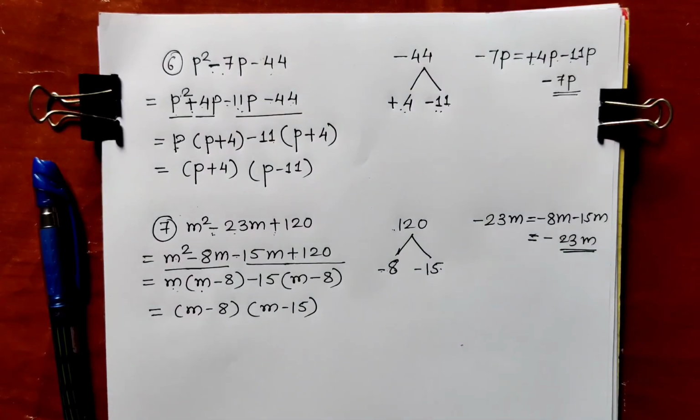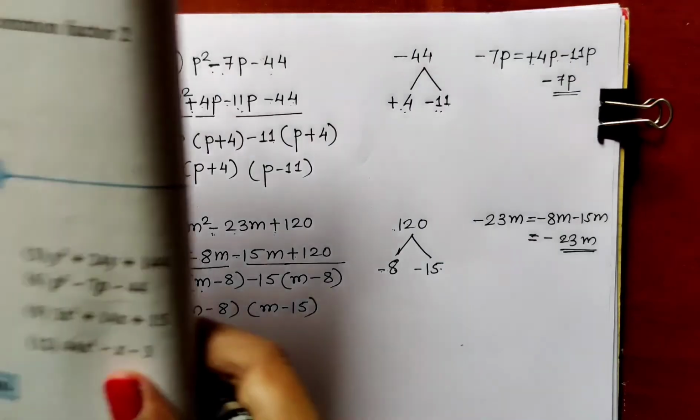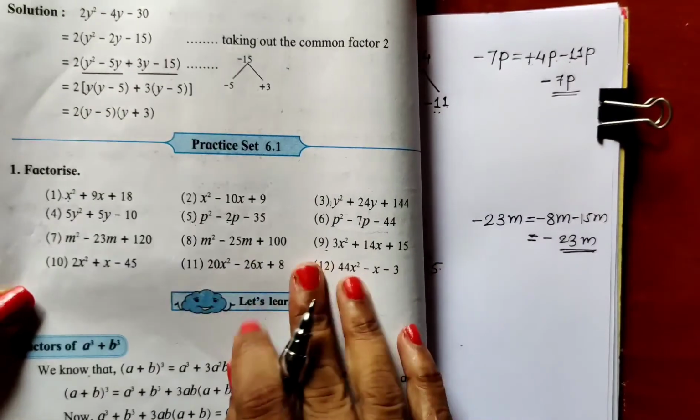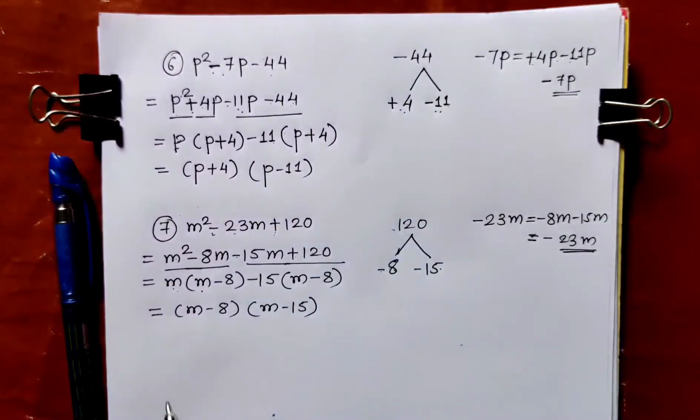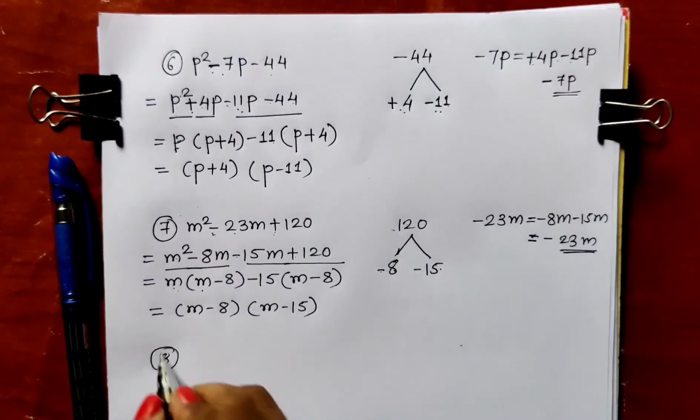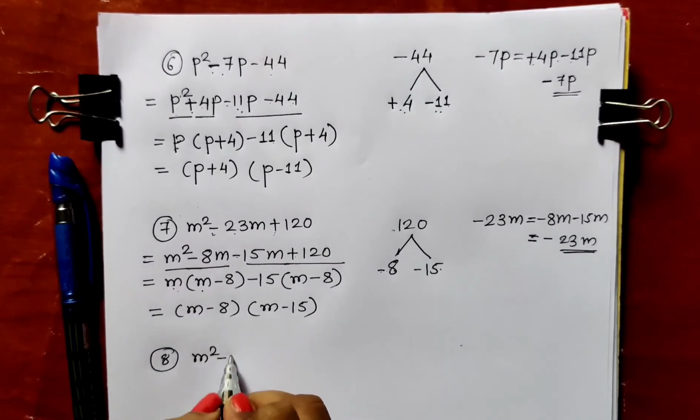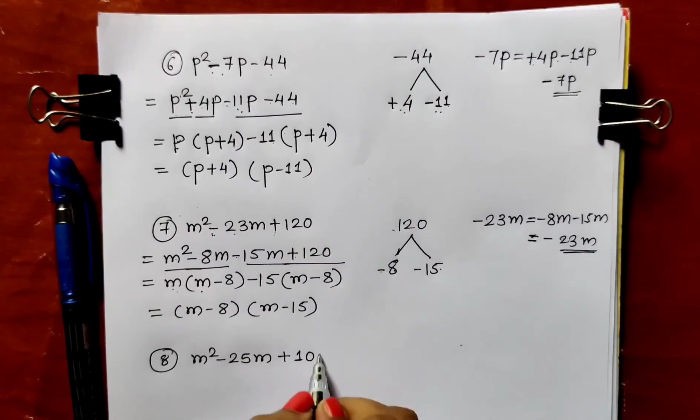Okay. Now let us see the next sum. M square minus 25m plus 100.